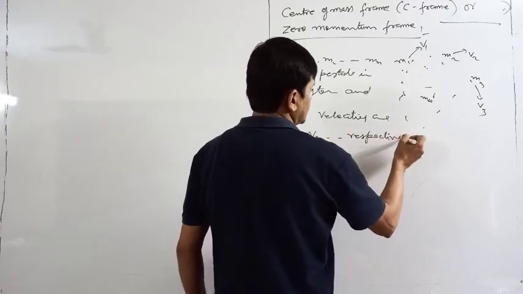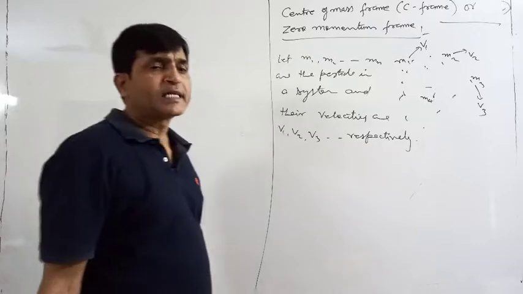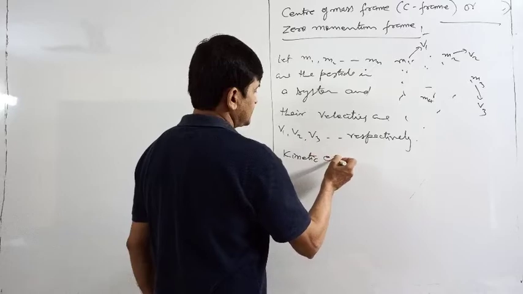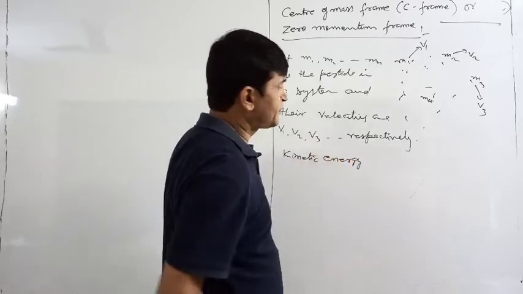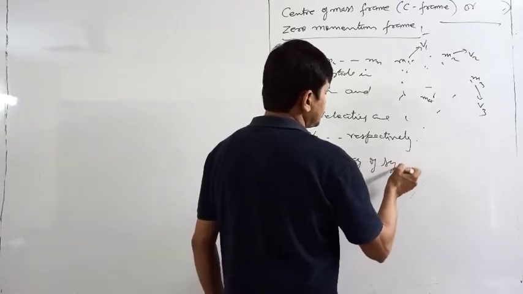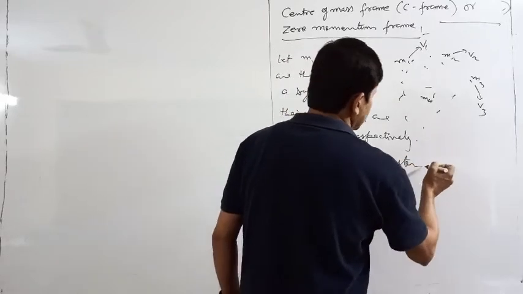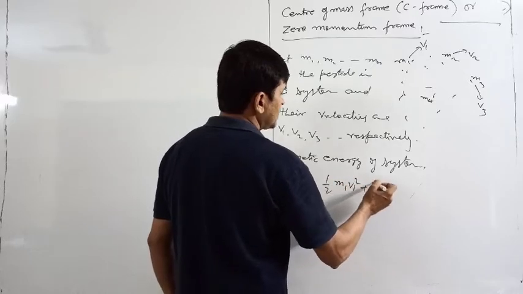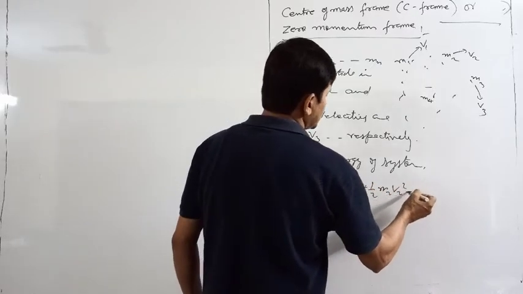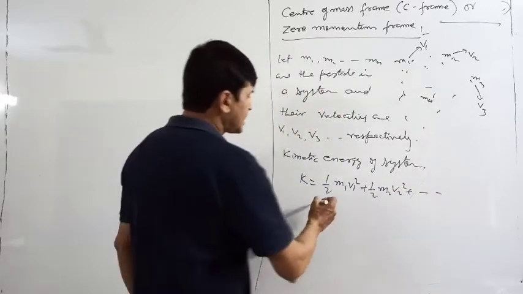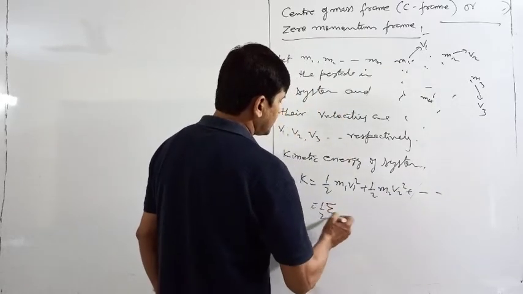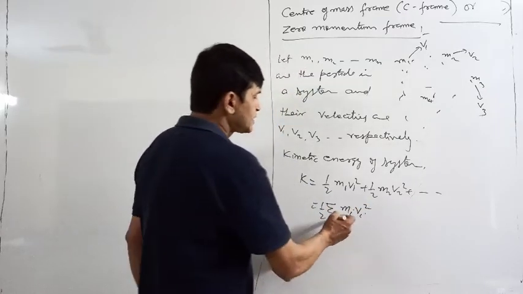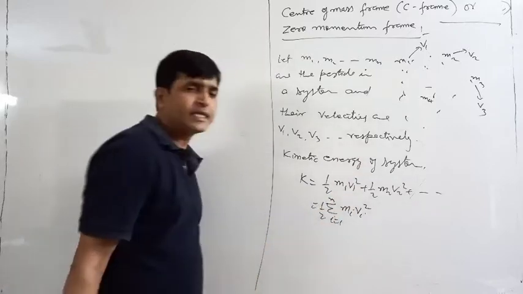So the kinetic energy of the system, K, is half m1 v1 square plus half m2 v2 square, like this, or I can say summation of 1 by 2 mi vi square, where i goes from 1 to n.